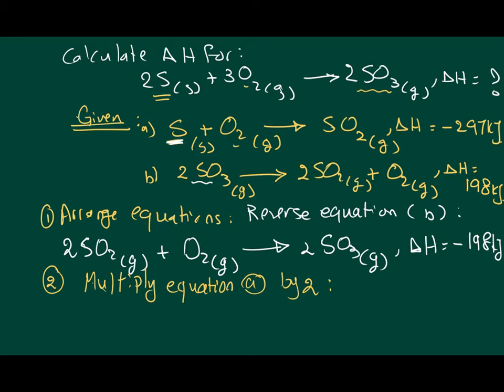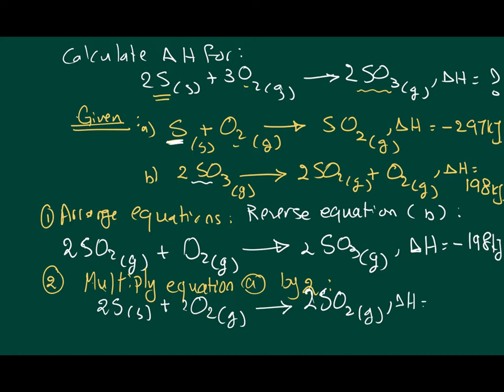So you need to balance the equation to have the correct coefficient, you will multiply it by 2. And don't forget to multiply delta H also by 2. Gives 2SO2. Delta H equals minus 297 times 2 equals minus 594 kilojoules.